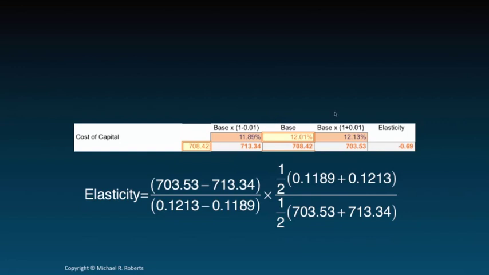Not by much, but by a little. So this is one possibility, or one approach for computing it. And the elasticity I get is minus 0.69, right? So a 1% increase in the cost of capital, a 1% relative increase, I should add, is associated with a 0.69% decrease in the NPV of the project.